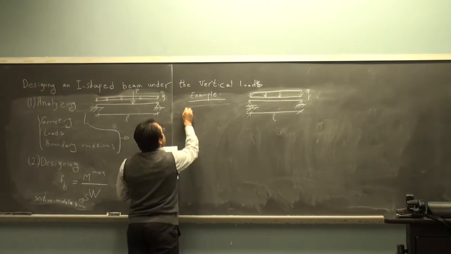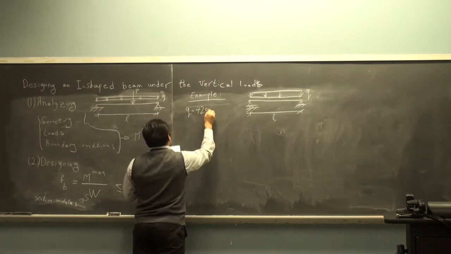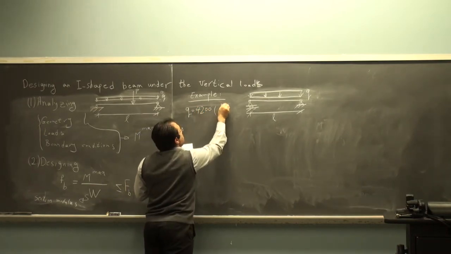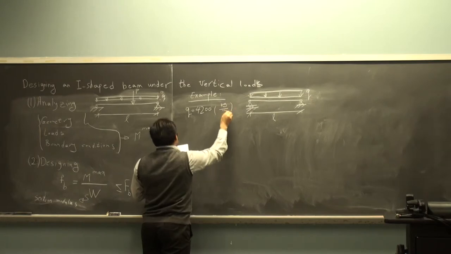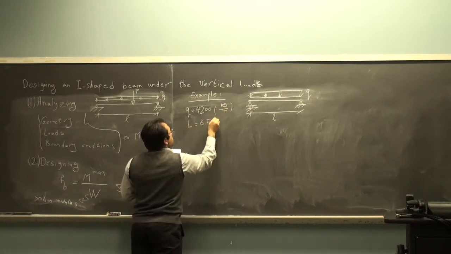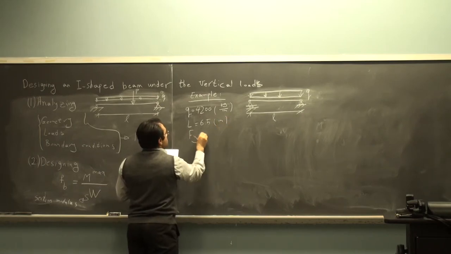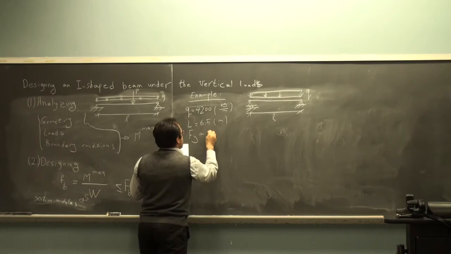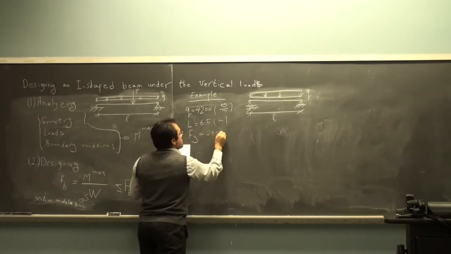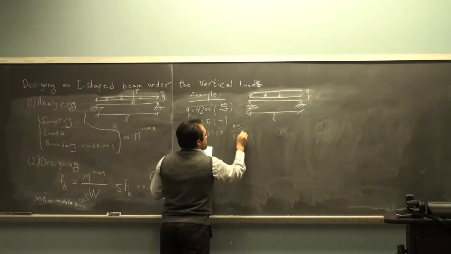So here Q, for example, is 4,200 kilogram per meter. And L, which is the length of the beam, is 6.5 meters. And FCY, which is the yield strength of the material, is 2,400 kilogram per centimeter square.